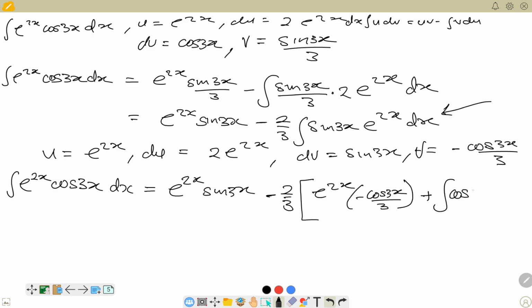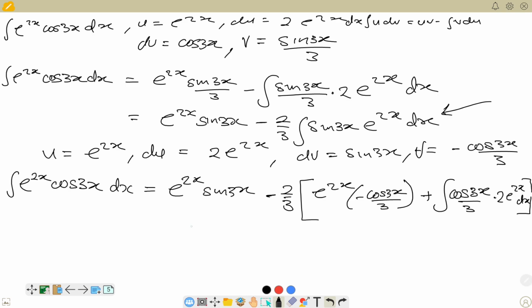So it's going to be positive cos 3x over 3. So it's v du. du is 2 e to the power 2x dx there. Then we can close the bracket.